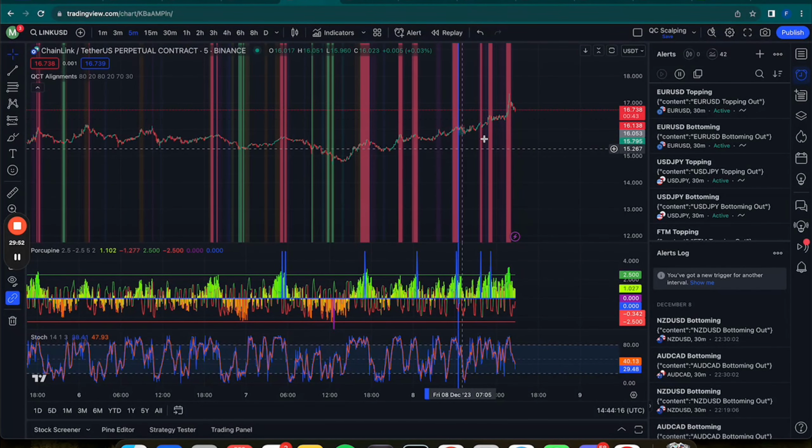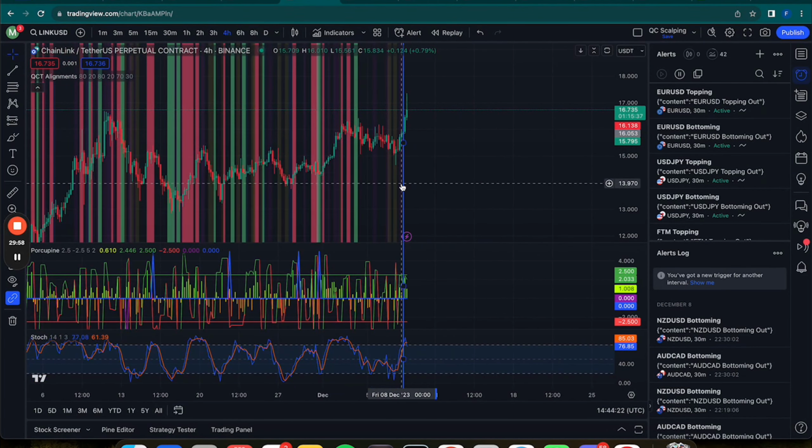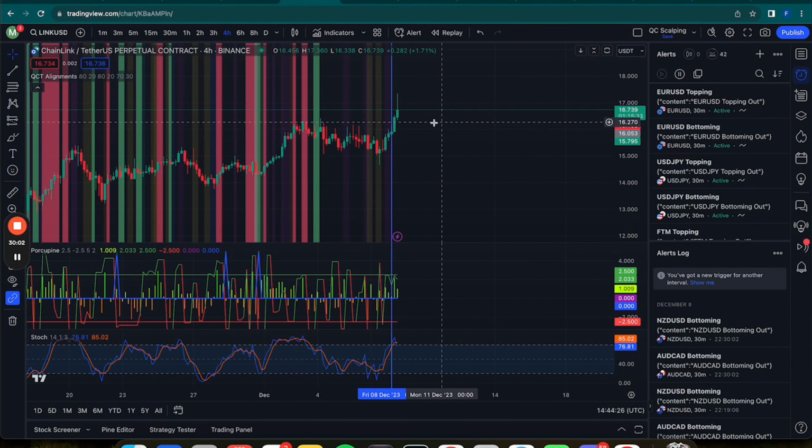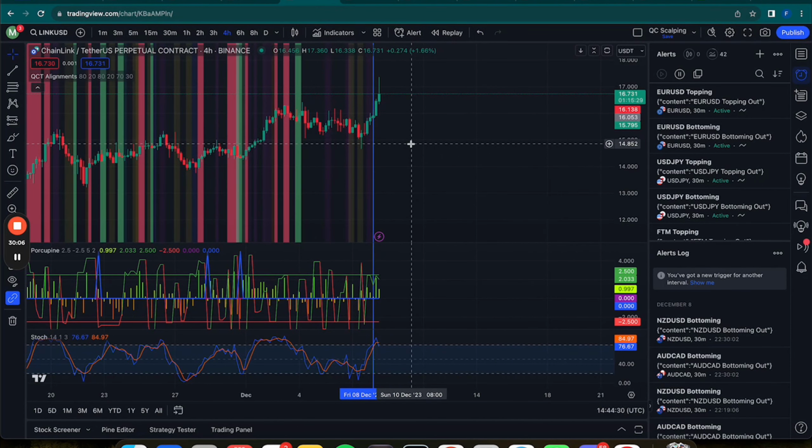Obviously when we go further up, even when the bottom is out, we look at higher time frames and we see that that's not going to be helpful here. When we see something like this, obviously we don't want to short it. We want to wait for our setups, right? Because we have no reason to FOMO into something when we have a strategy with a very, very high hit rate.